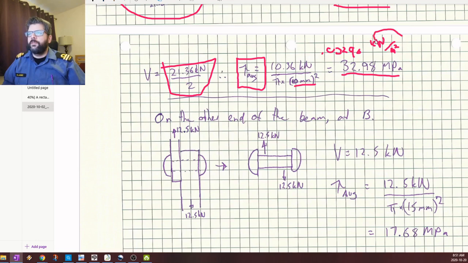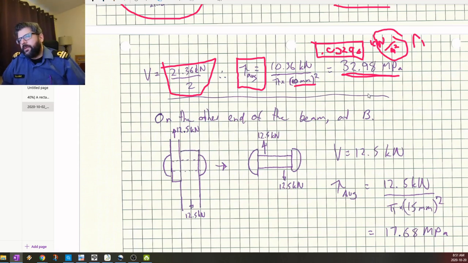We know that newtons per meter squared is a pascal, so a kilonewton per millimeter squared just means that in order to get to MPa, we need to take that number and multiply it by 1,000. So multiplying that number by 1,000 gives us our 32.98 megapascals. So we're at the right type of unit, and we're at a reasonable magnitude.